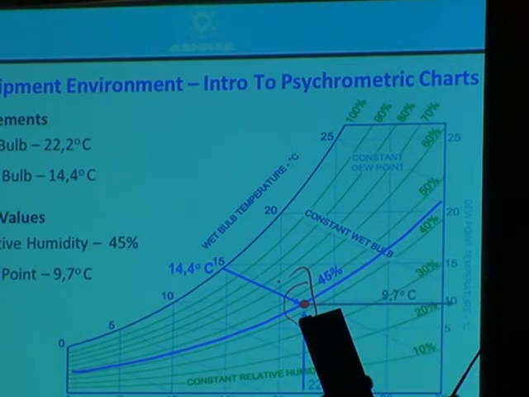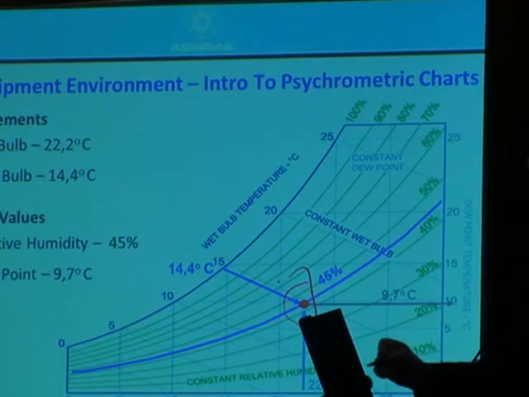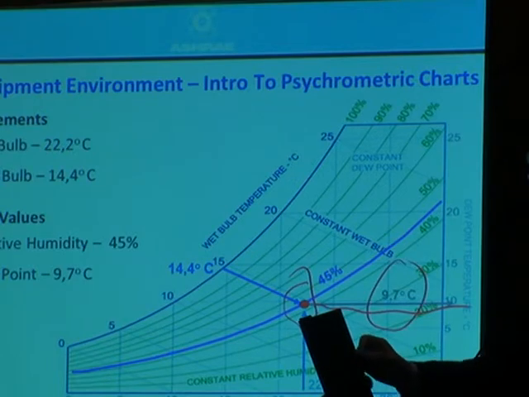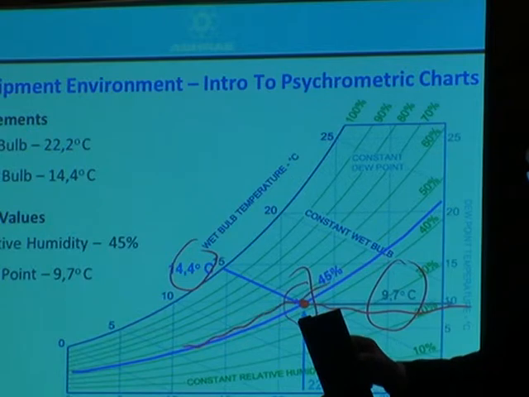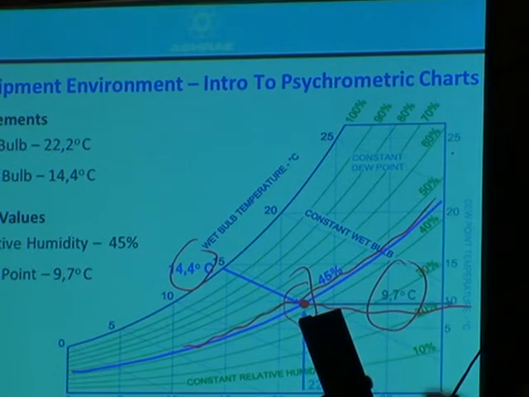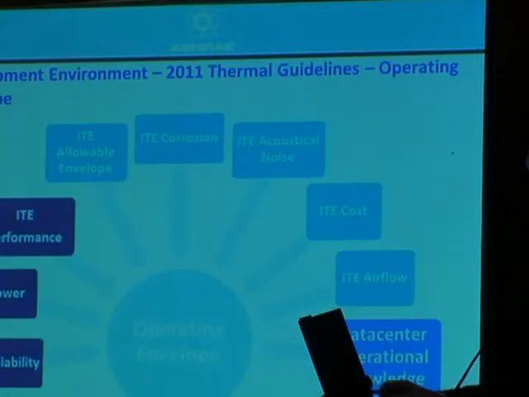Like I said, I found some temperature and relative humidity measurements on the wall, which doesn't mean a whole lot. What's required is the inlet conditions to the IT equipment. That's the important thing. So here's dry bulb temperature, here's what's called dew point, here's the wet bulb, and here's the relative humidity, 45%. I don't want to make this into a psychrometric chart lesson.